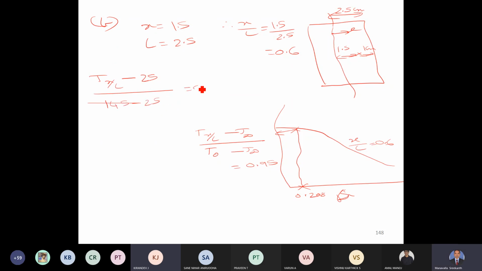Therefore T at x by L equal to 0.6 is equal to 139 degrees Celsius.